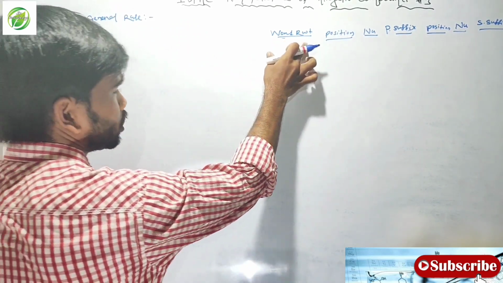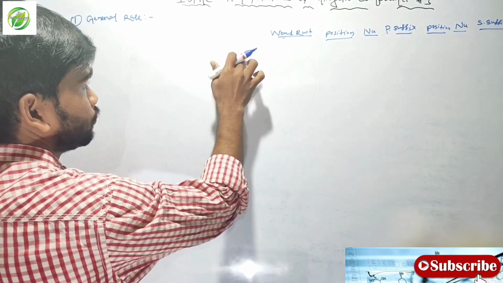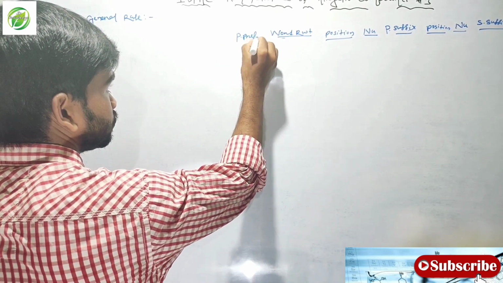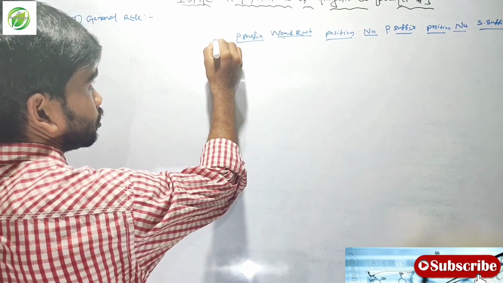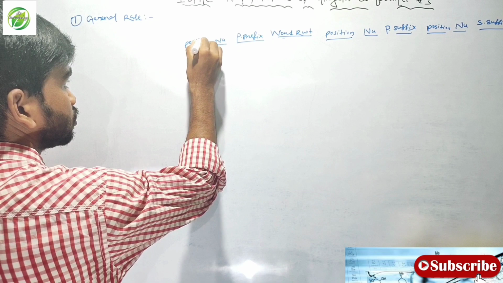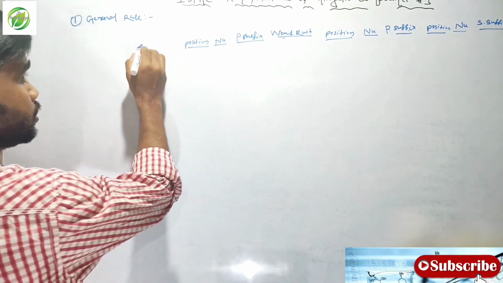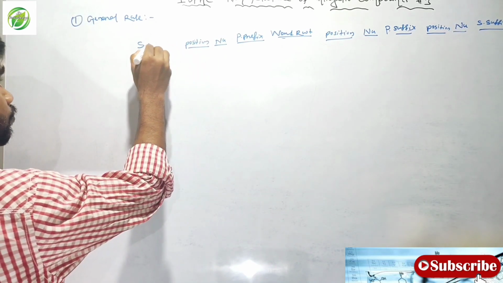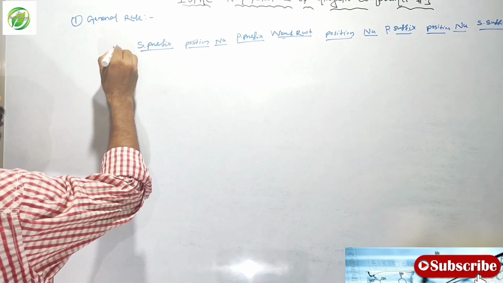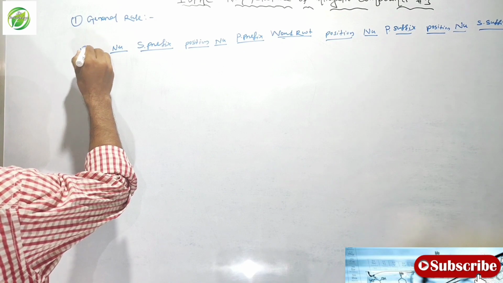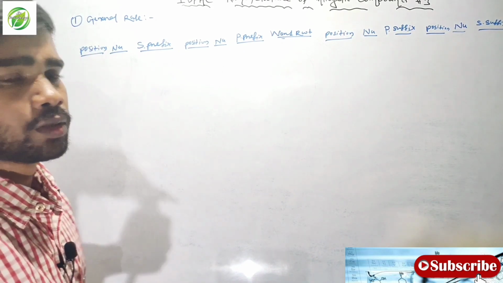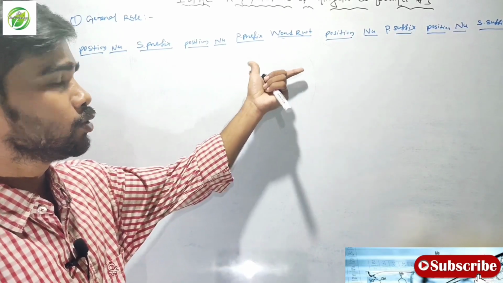And before this word root we use all our prefixes, that is the primary prefix, then number, position, secondary prefix, number, position. Friends, first see my previous lecture, then you will understand it.